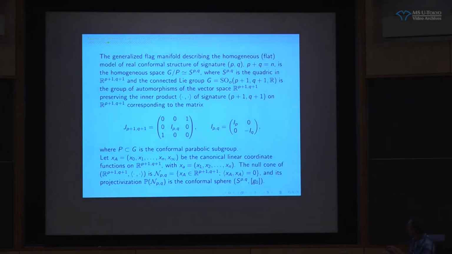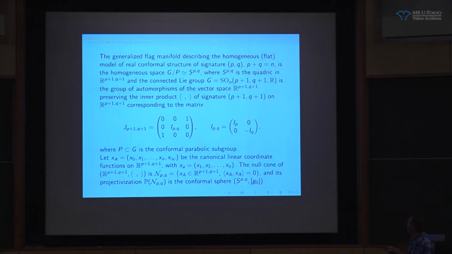The flag manifold corresponding to the model of conformal geometry is usually, classically, constructed out of the ambient space. I also introduced the general signature.